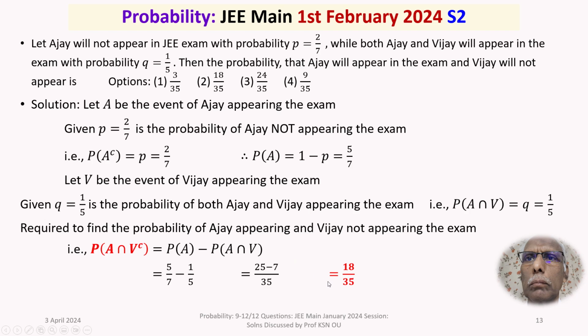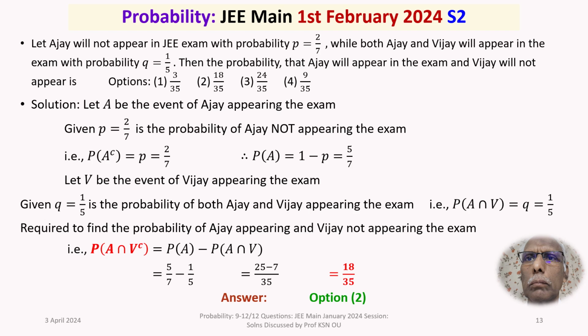And simplify, you will get 18 by 35. Let's look at our options. This answer 18 by 35 appears against option 2. Therefore, the answer to this question is option 2. That is the detailed discussion of this question. And we have come to the end of the discussion.